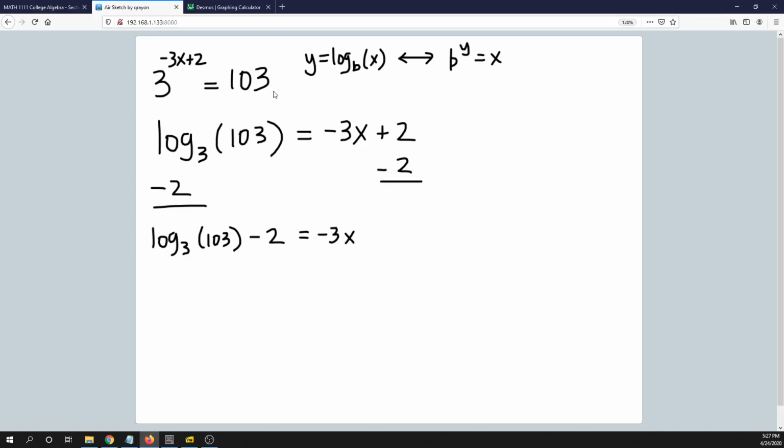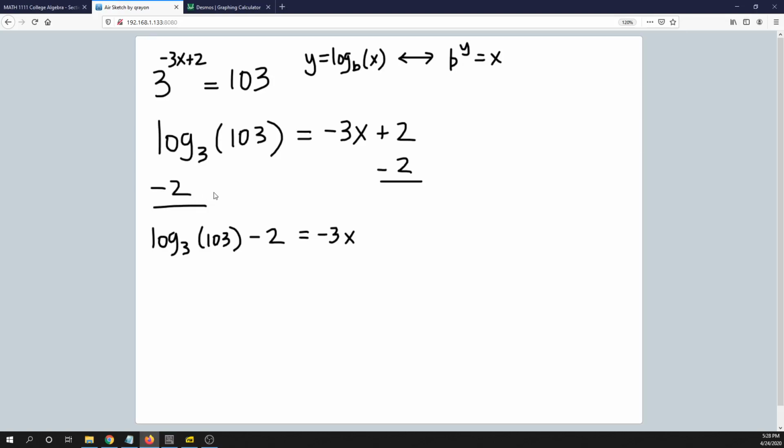I see a lot of people try to combine this 2 with this 103 here. You cannot do that, because this 103 is inside the logarithm. Unless you're using one of the 3 properties of logarithms that we talked about, you shouldn't be messing with the inside of these logarithms. It just doesn't work that way.